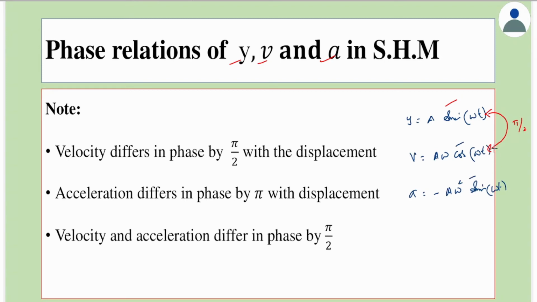So the phase difference between velocity and acceleration is again pi by 2. That would mean that the phase difference between displacement and acceleration would be pi, because it is sine and sine curve only, but it's a minus sine, it's an inverted sine curve. So the phase difference would be pi between y and A.